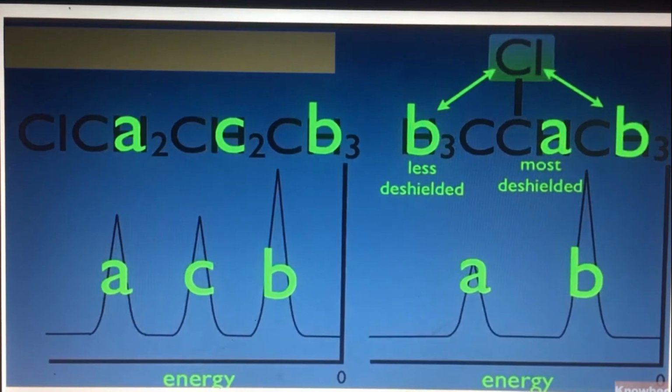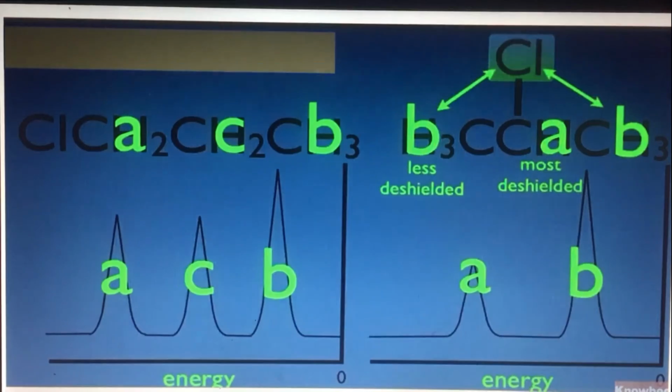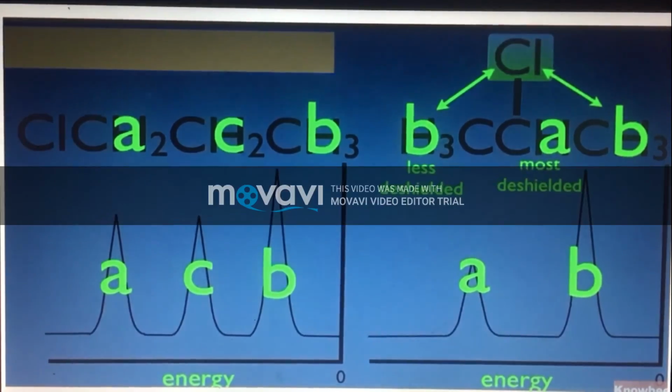Okay, let's make it more clear how this technique, that is NMR spectroscopy, is different from FTIR or mass spectroscopy. Okay, in case of mass spectroscopy or FTIR, there may not be a difference between the same type of molecule.